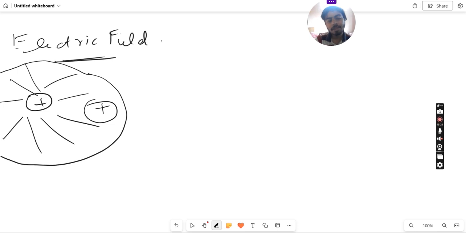So the space is surrounded by something that basically pushes and pulls these objects. The force felt by this object is, as we have seen earlier, by Coulomb's law, k q1 q2 by r square. But it has a dependence on the charge q2, and also on charge q1.